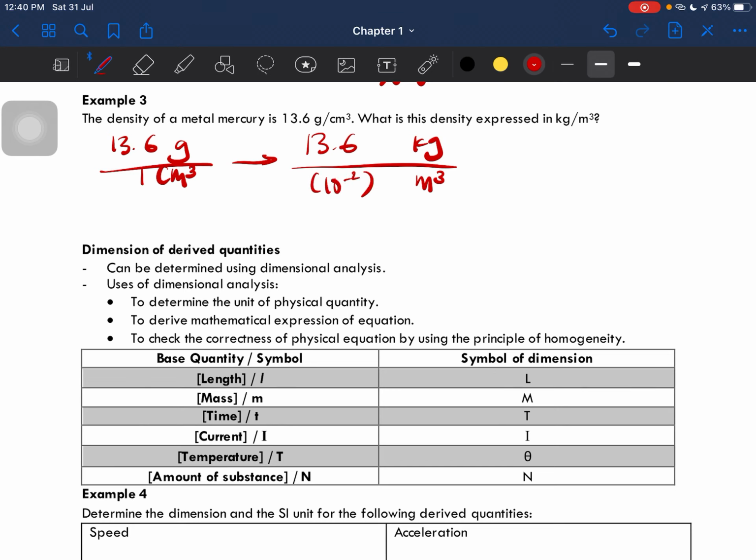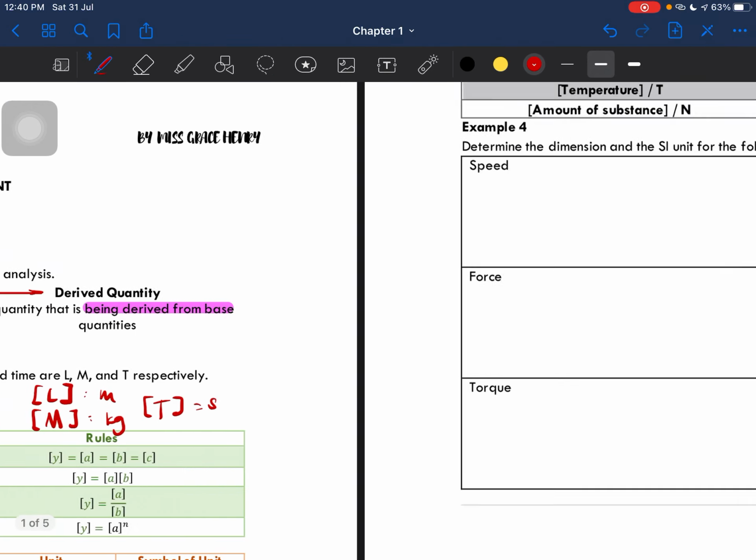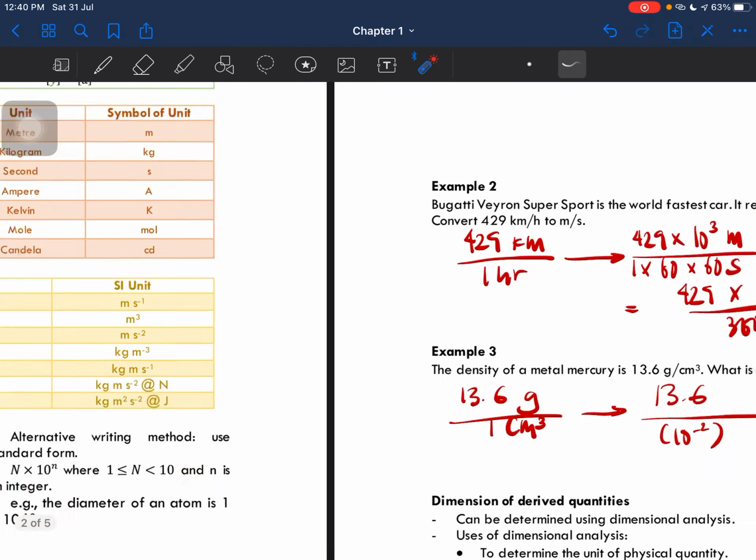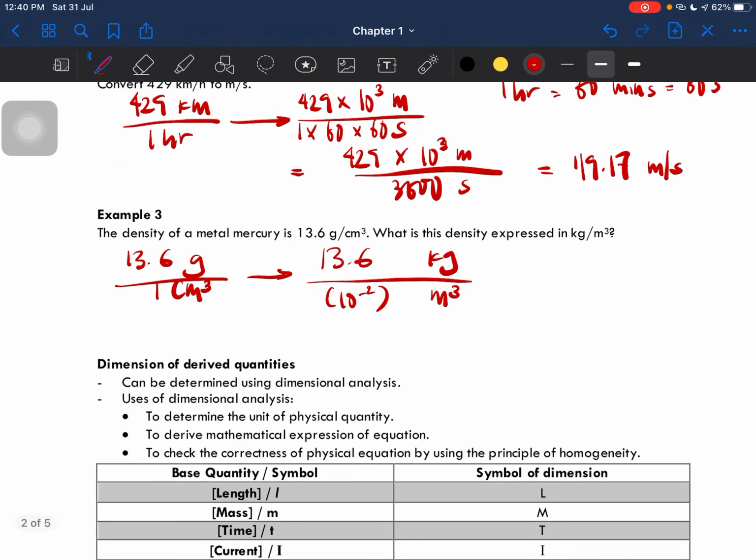Okay, so if gram to kilogram, if from SI unit into something that has prefixes, we have to divide this with the prefix. Okay, so kilogram is 10 to the power of 3.